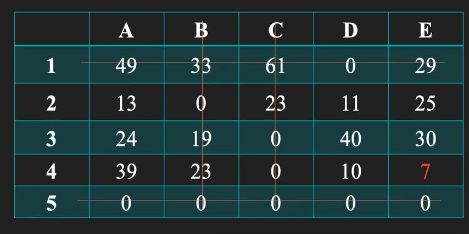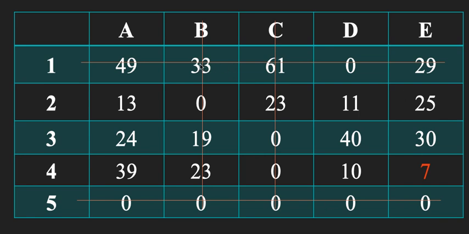Then what are we going to do? We are going to find the lowest of these uncovered elements. What is the lowest of these uncovered elements? The lowest of these uncovered elements is 7 here, right? So what are we going to do now? We are going to add this 7 wherever we have an intersection here.